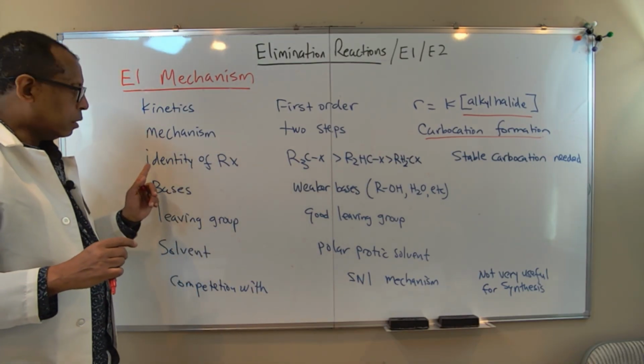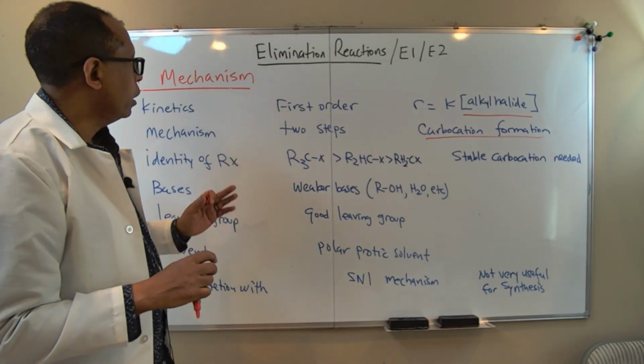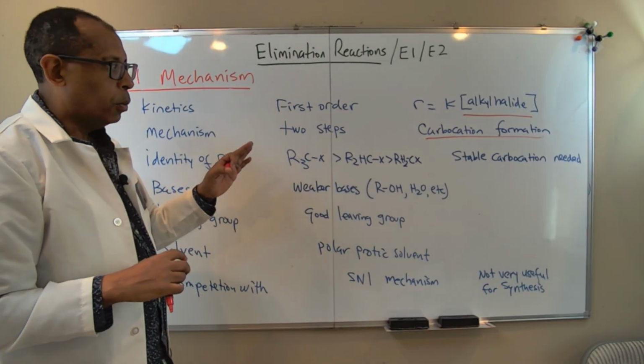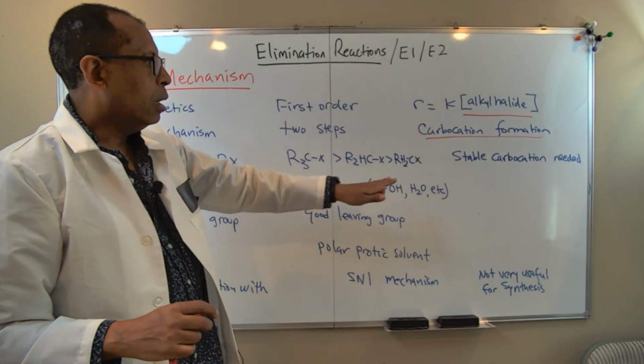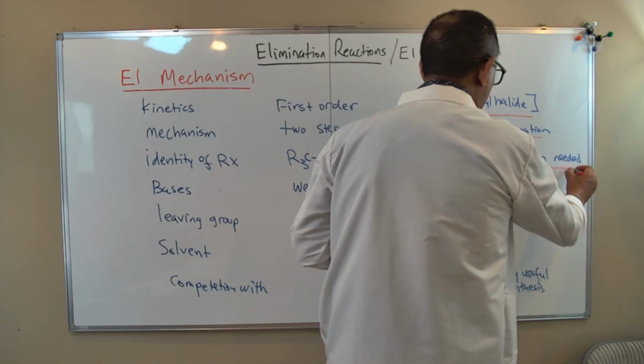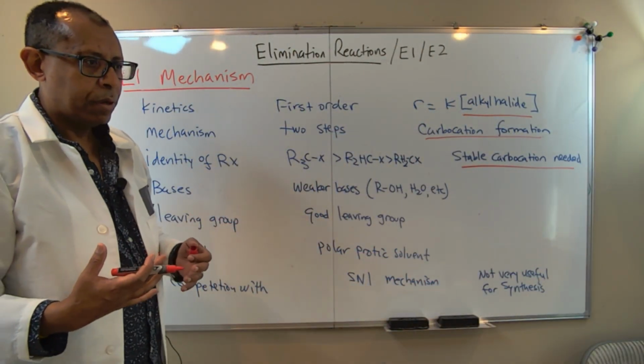So the identity of the alkyl halide is important in the rate of reaction for the E1 mechanism. E1 favors mostly tertiary alkyl halides because you are forming a stable carbocation, which is important in the first step.